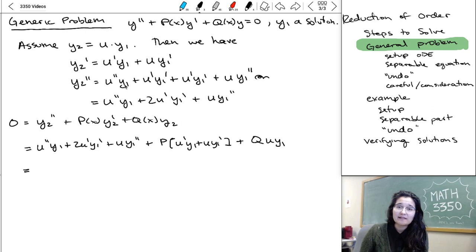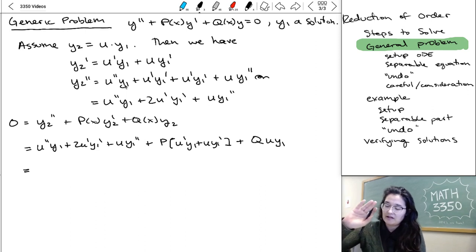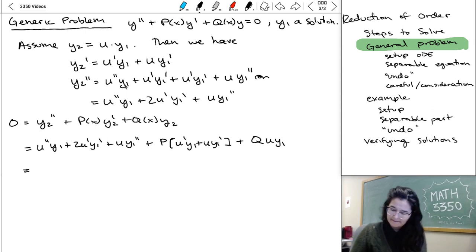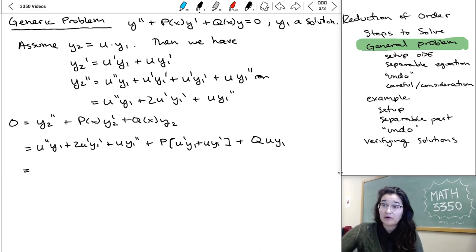And the reason it's nice is because then it makes all the u's go away. So my next step here is just going to be to pull out all the terms that multiply. Sorry, I'm so bad at the camera. Pull out all the terms that only multiply by u, and then keep everything else on one side. So if something multiplies by u, I'm going to put it over here. Otherwise, I'm going to put it over here.